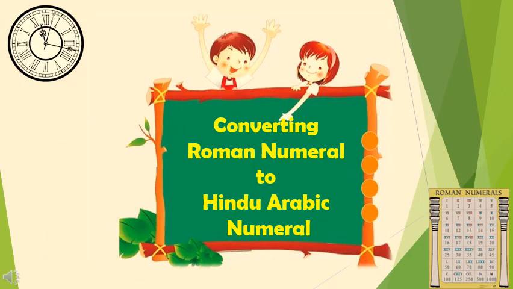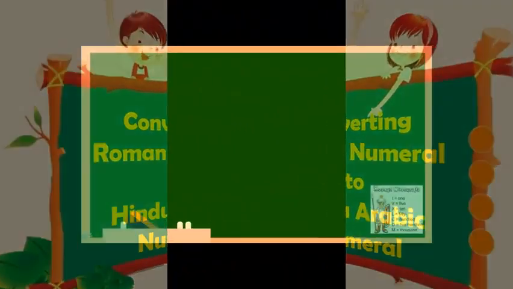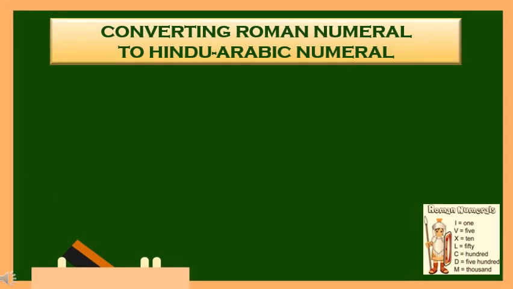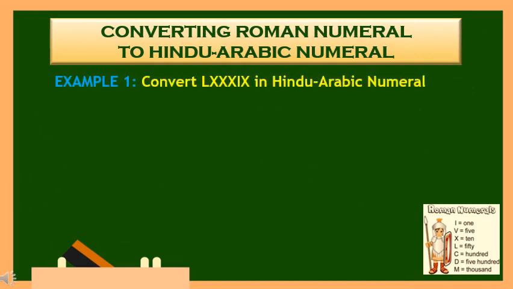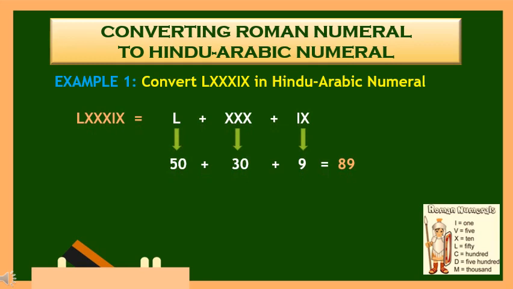Let us see how we can convert Roman numerals into Hindu-Arabic numerals. Converting Roman numerals to Hindu-Arabic numerals. For example, convert LXXXIX in Hindu-Arabic numerals. First, what we will do, we will split these Roman numerals.